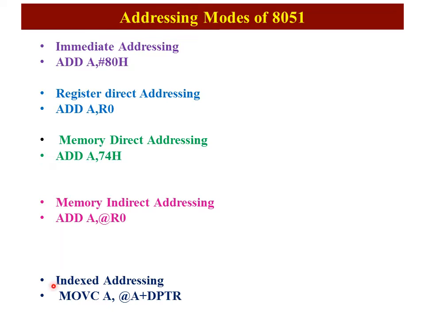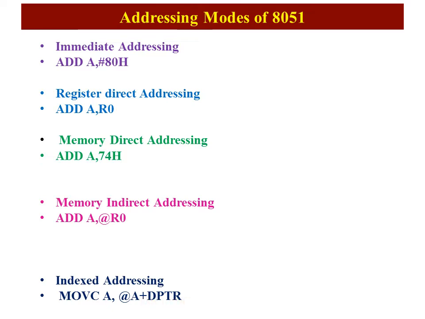Next, indexed addressing mode. A simple addressing mode. Here the instruction given is MOVC A, @A+DPTR. Here DPTR will be treated as a base register, same as the BX register used in the previous ones. In place of the BX register, they are using DPTR.